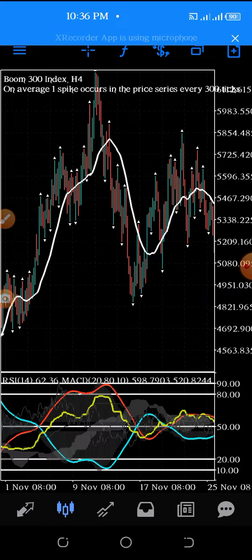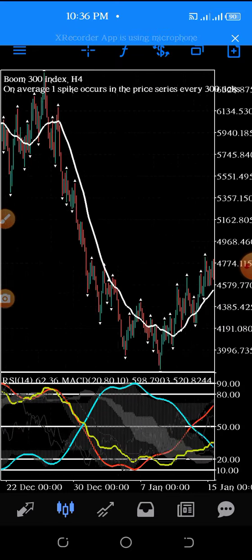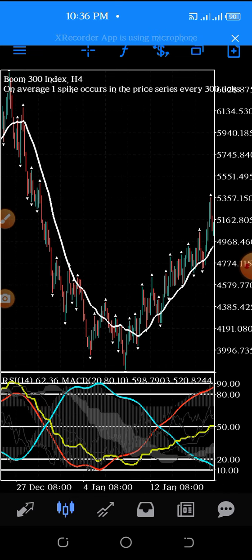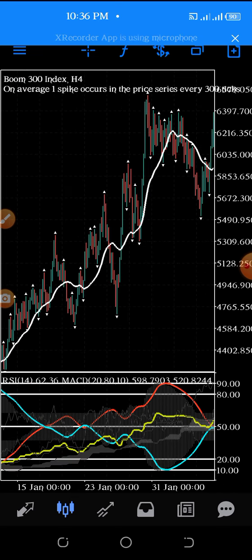Before you can execute any trade, when you open a chart, you must answer these three questions. One, what is the market doing? Two, what are the most powerful levels, that is support and resistance? Three, what is the best signal to enter a trade?